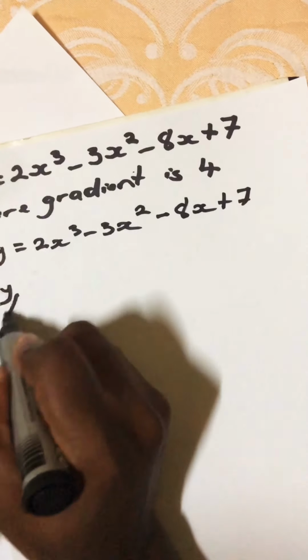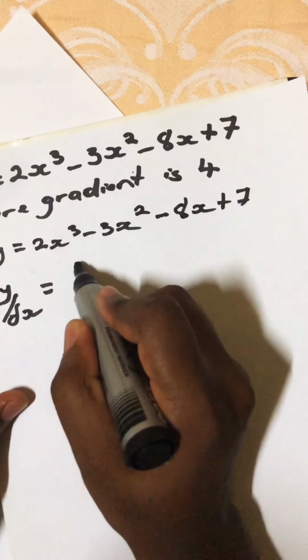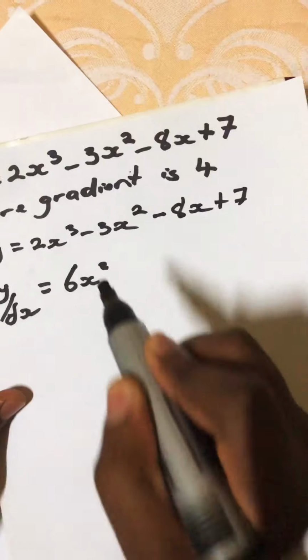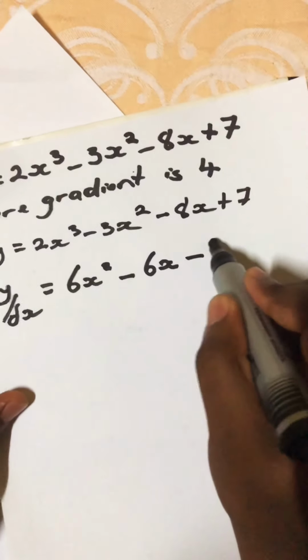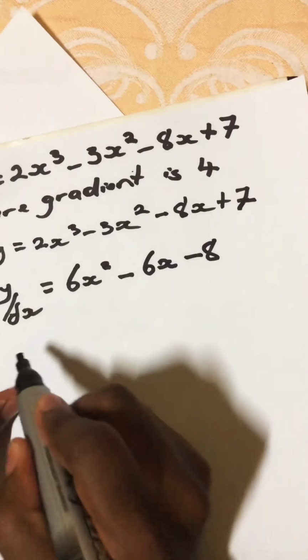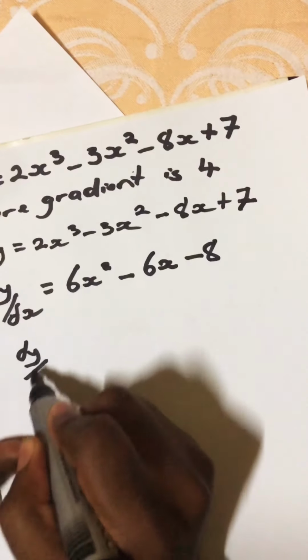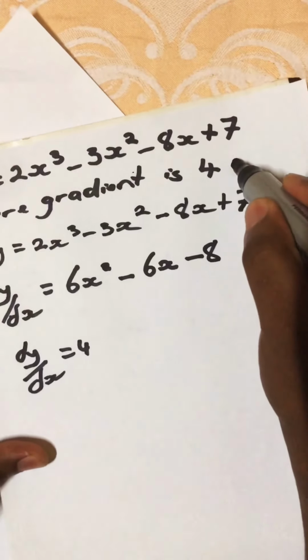Now dy on dx will give us 6x squared minus 6x minus 8. And we have dy on dx to be 4 based on this statement.